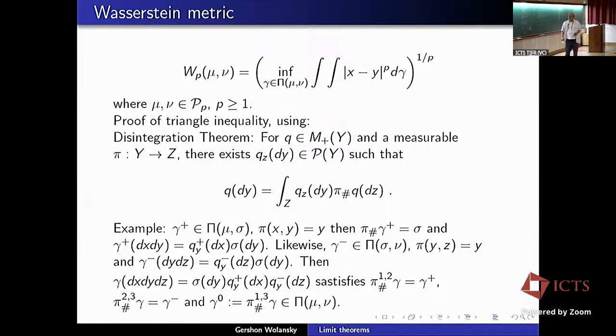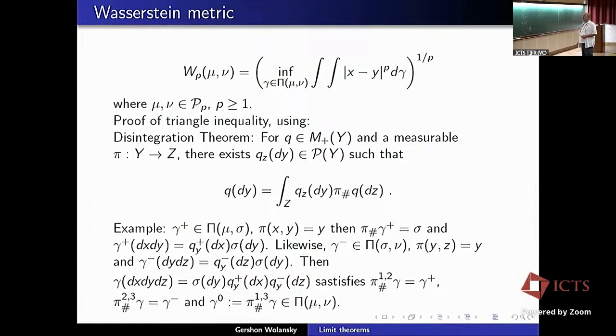And we disintegrate each of them. With respect to pi, which is the projection on the second component, of x and y, sigma will be, by this definition, the projection of gamma plus with respect to this pi.